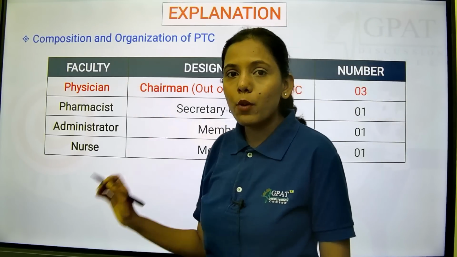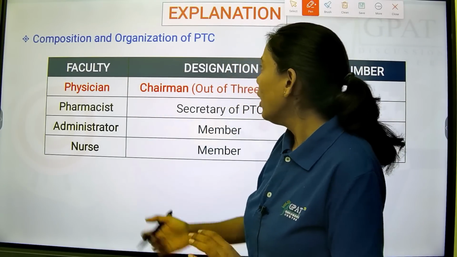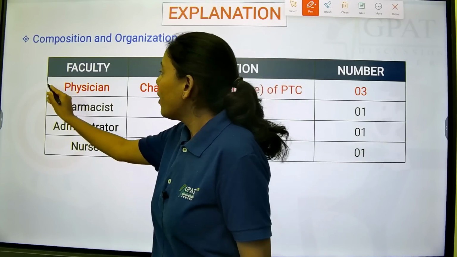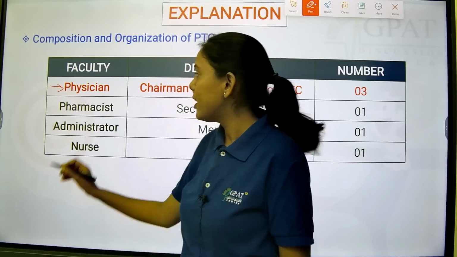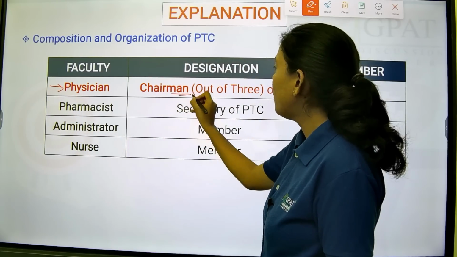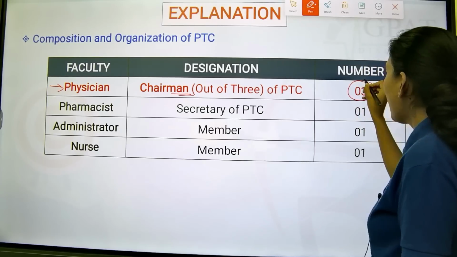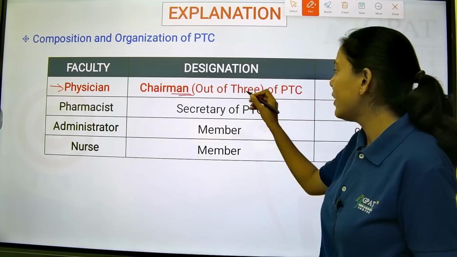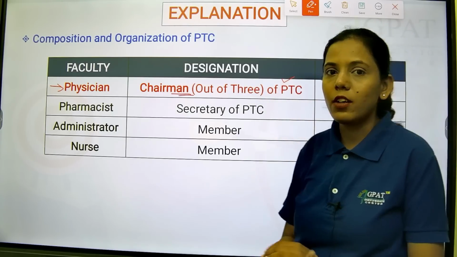So this is the composition and organization. Let's see what are the faculties present in the PTC. First is physician. There will be three physicians, and out of these three, one will be the chairperson of PTC.